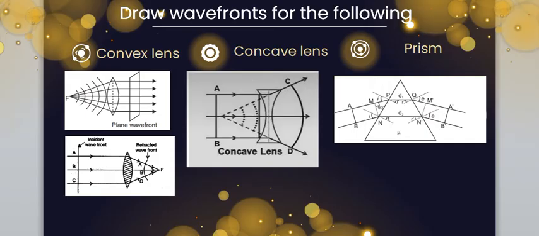clear to you. So next I am showing you the different wavefronts for the following objects, or you can say that after refraction how the wavefront changes. See, here in case of convex lens we have incident a spherical wavefront. When the object is located at the focus of this convex lens, after getting refracted, all these rays which are coming from focus go parallel to each other, hence they emit a plane wavefront.